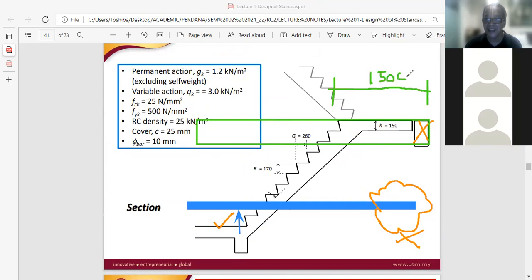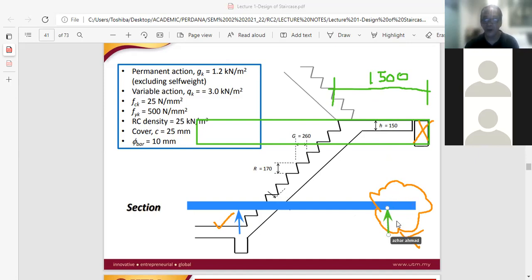The center line of this 1.5 meter will now be our support. The center line here, somewhere here, will now represent the support here for this staircase.